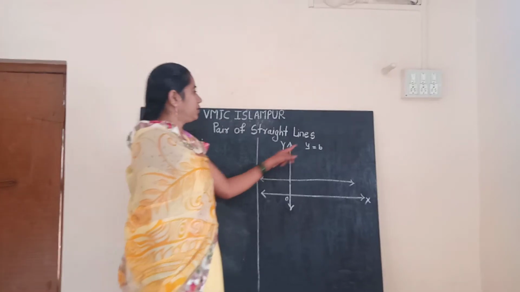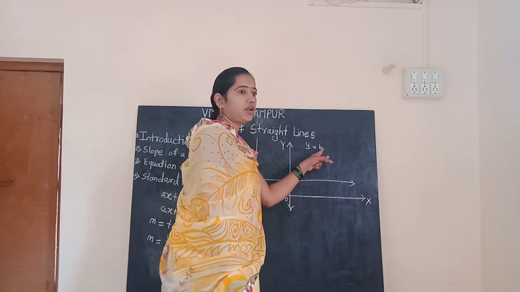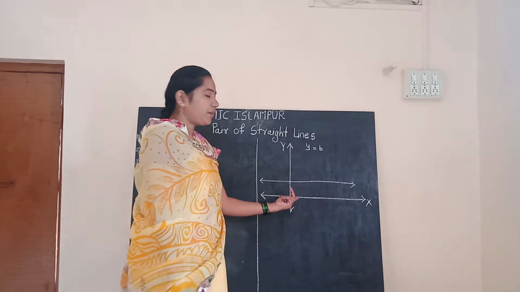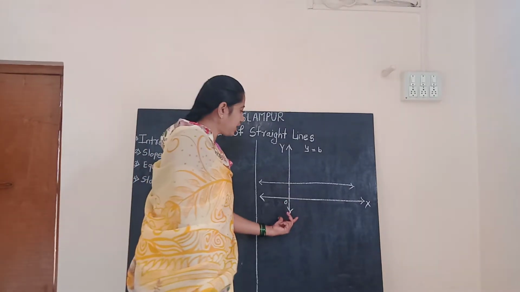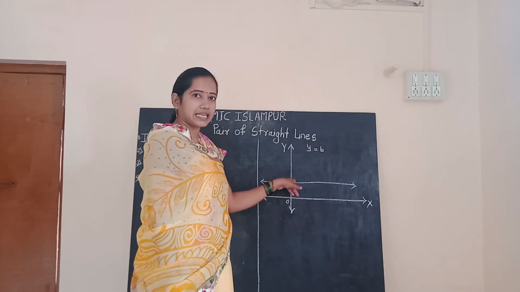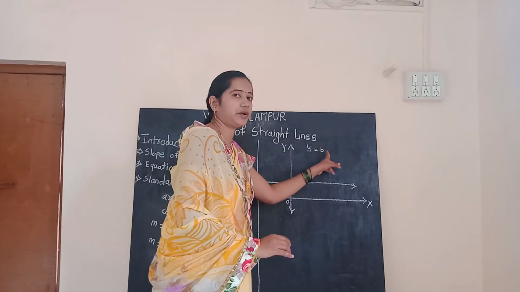In that, this b is also a real number, positive or negative depending on whether the line is above the x-axis or below the x-axis. Suppose the line is parallel to the x-axis and above the x-axis, then the equation of the line becomes y is equal to b.